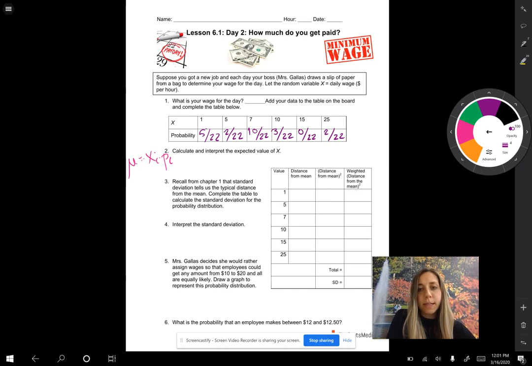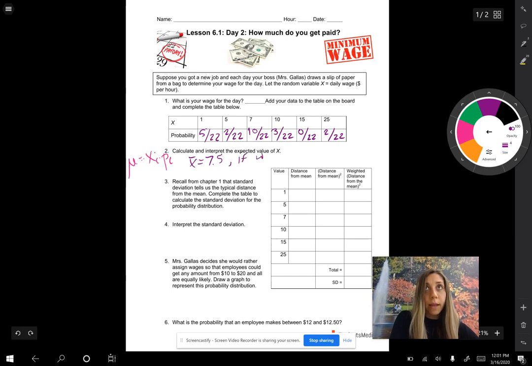So every probability times its X value, and added them all up. Once you do that, you get that the expected value or the mean would equal 7.5.